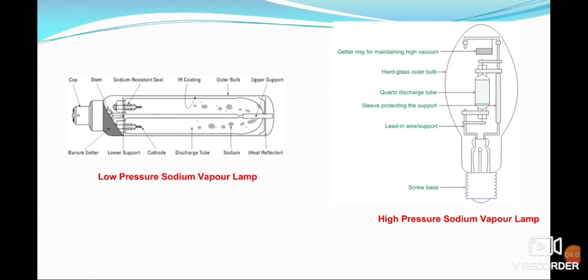On the right hand side, in the diagram of the high pressure sodium vapor lamp, we are getting a getter ring for basically maintaining a high vacuum. It contains a hard glass outer bulb, quartz discharge tube, a sleeve protecting the support, lead-in wire or support and a screw base.